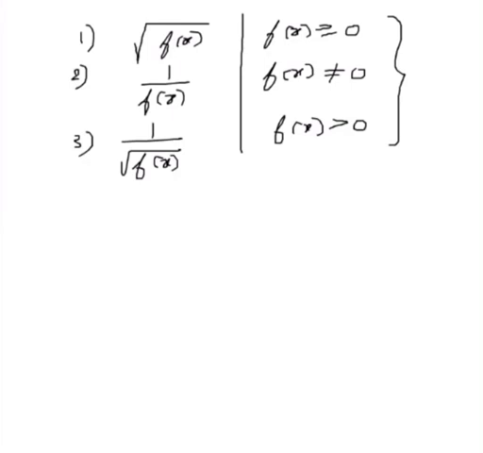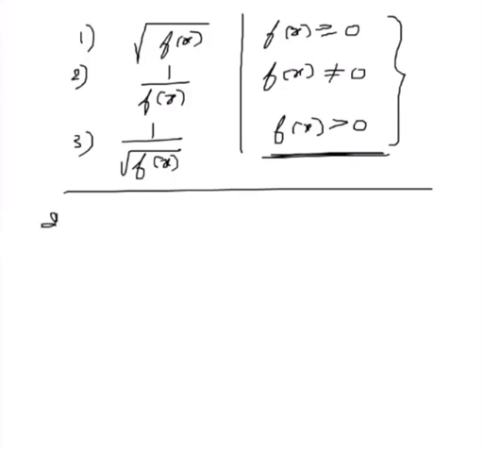If f(x) comes under root sign, whatever is under root sign should be greater than or equal to 0. It cannot be negative. If it is negative, it becomes a complex number. If the x term is in the denominator, it should not become 0 because it is not defined. If you have 1 by root of, or any constant by root of f(x), if you have the x term in the denominator under root, f(x) should be strictly greater than 0 because it cannot be equal to 0 as it comes in the denominator.